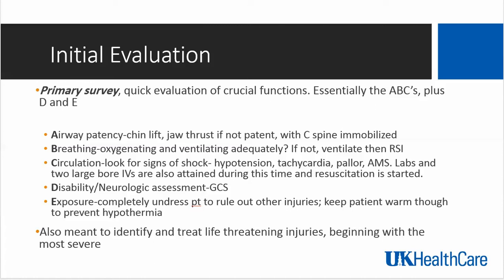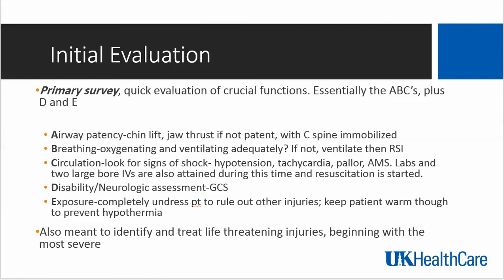C is for circulation. You should look for signs of shock, such as hypotension, tachycardia, pallor, as well as altered mental status. During this stage, lines and 2 large bore IVs should be attained and resuscitation is started. Blood should also be sent off to be typed and crossed for a couple units.